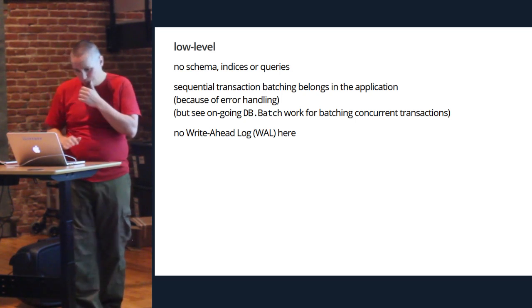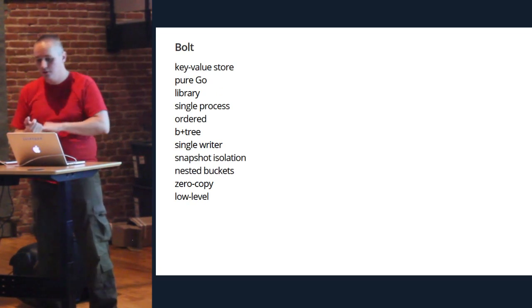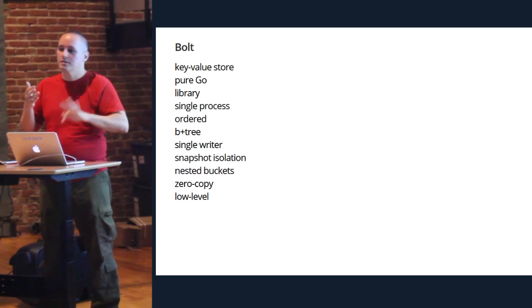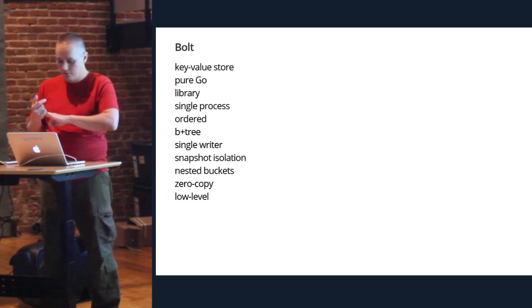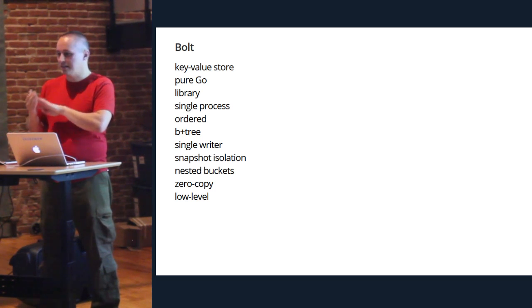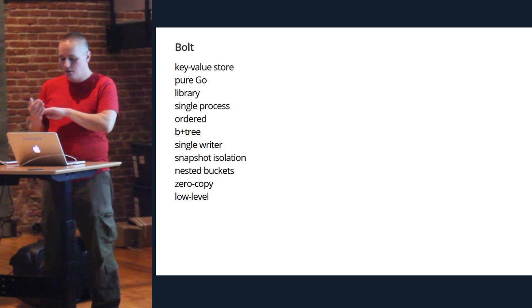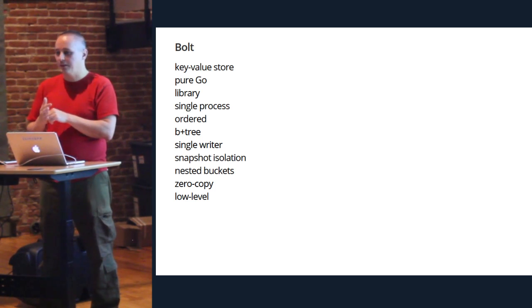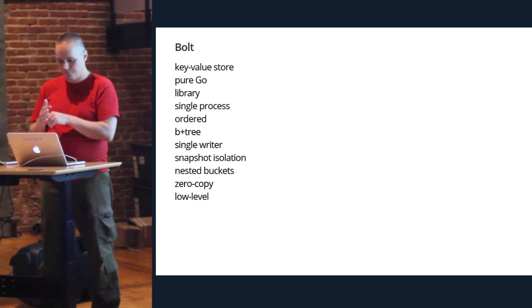So Bolt is a key value store. So no relational databases, no SQL, no queries, nothing like that. Simple. It is written in pure Go. It is a simple project, and it is surprisingly a really small project. It's a library, it's not a service, it's not a daemon you run, it's something that becomes part of your application.